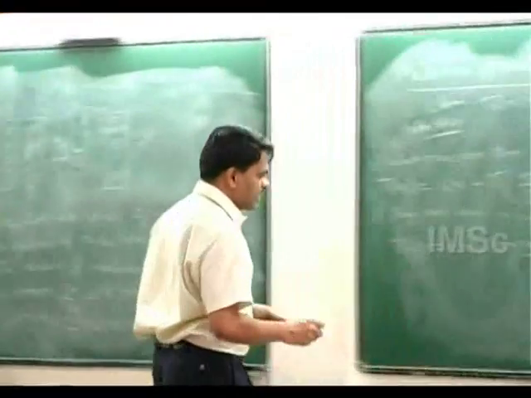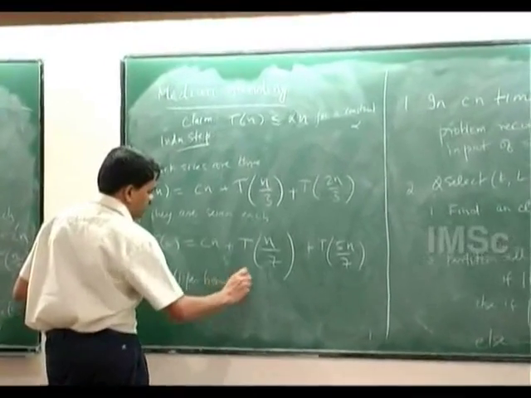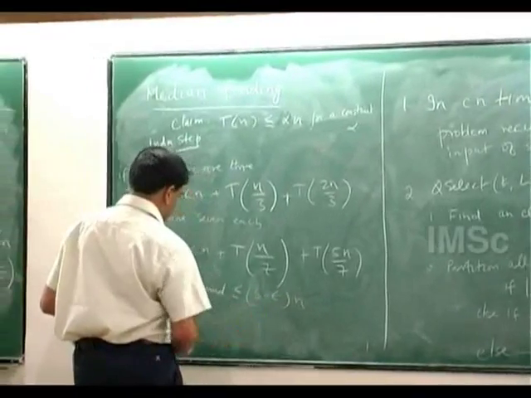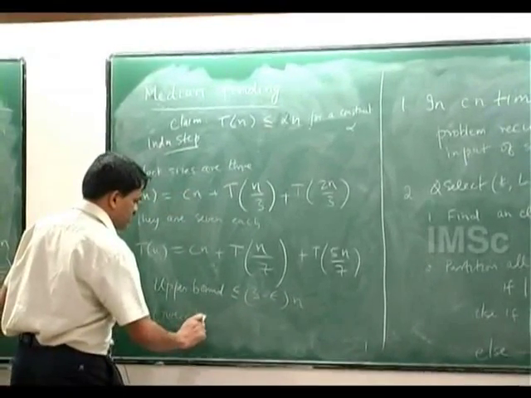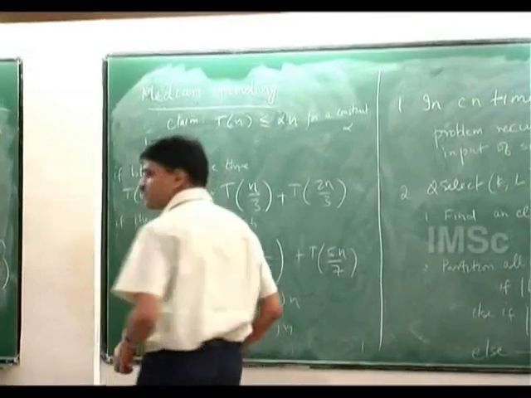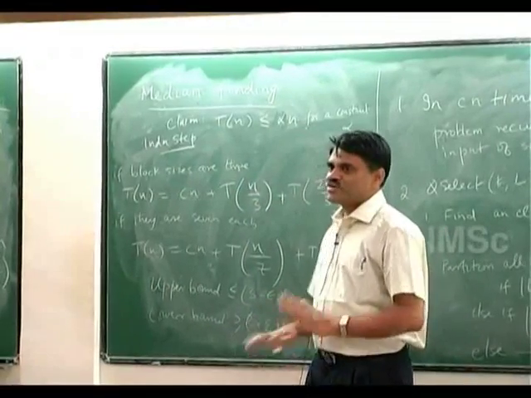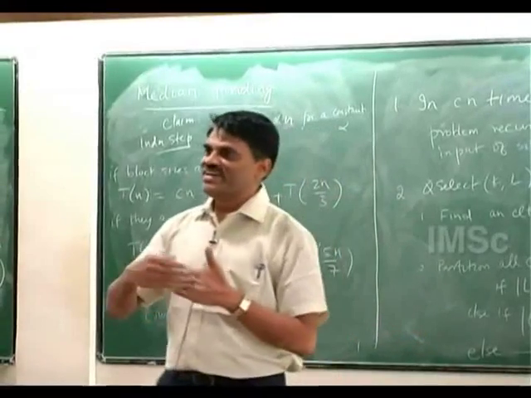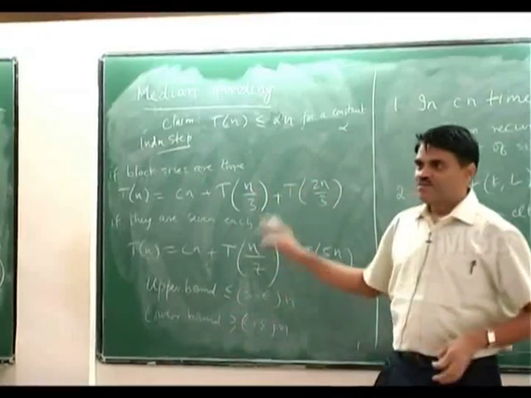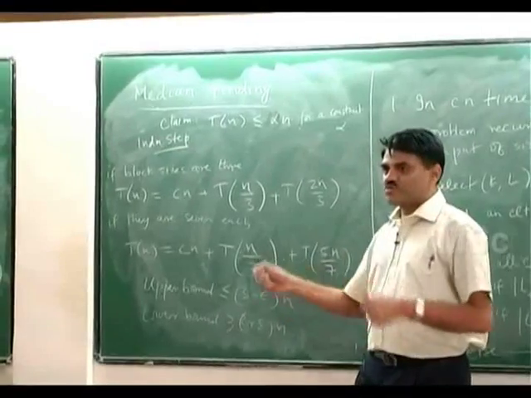For the median, currently the upper bound is less than or equal to (3 minus epsilon) n, and there is a lower bound of some (2 plus epsilon) n, where epsilon is a fixed constant. So I think this is some 2.95n and 2.05n lower bound or something. This is still an interesting open problem, narrowing down the gap. There have been several papers on this about improving the constant and improving the lower bound.